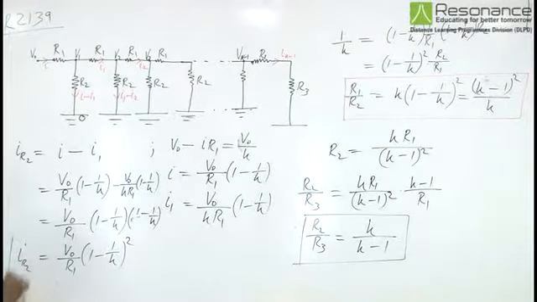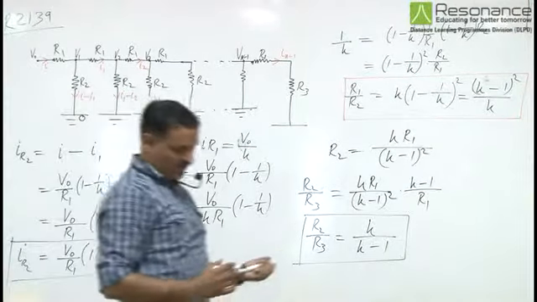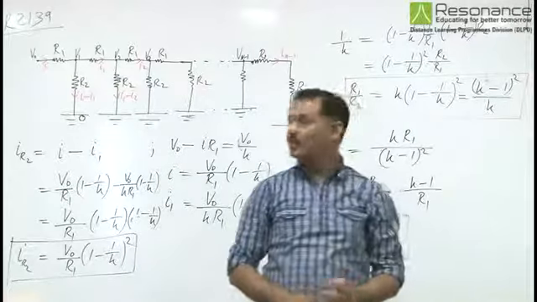This is the current through the resistance R2 which is nearest to V naught. So this is the amount of current passing through R2.